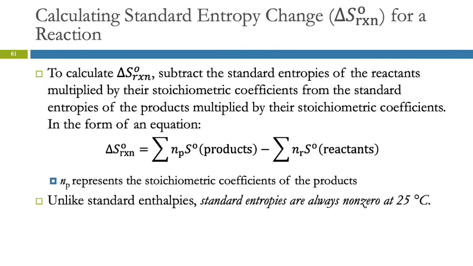Calculating standard molar entropies for reactions is just like calculating delta H, because it's a state function. We're going to look at the entropy of the products and multiply each of them by the number of moles, and then subtract the entropy of the reactants, again multiplied by the number of moles, the coefficient in the balanced chemical equation.